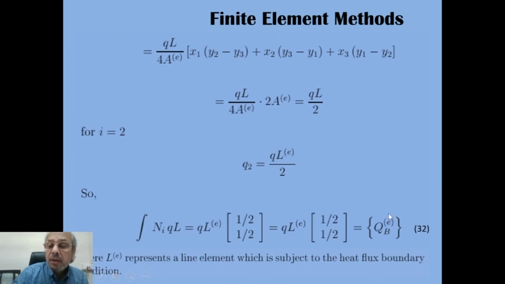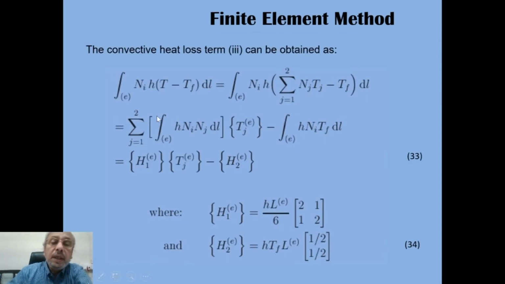This is called QB for the element. LE represents a line element which is subject to the specified heat flux boundary condition. So QB per element is the contribution of the heat flux on the part of the boundary where constant heat flux is applied.